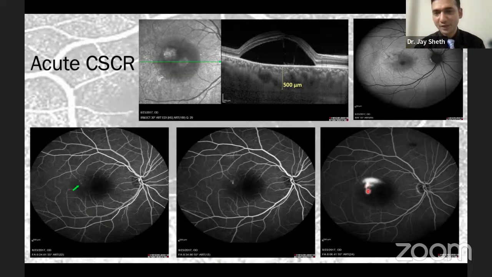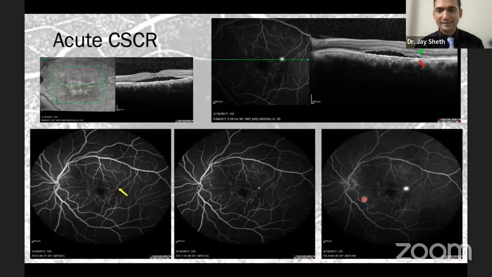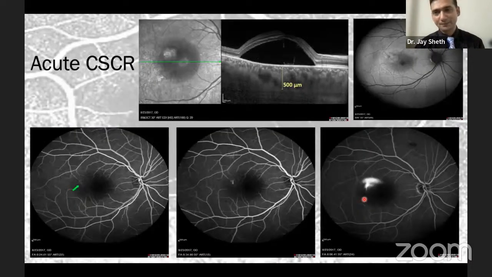So it just goes up because of the gravity changes and it takes the configuration of the serous macular detachment. So this is the classic smokestack appearance of an acute CSR. These 2 points are very important. This is the classic ink blot leak of a CSR and this is a smokestack leak.